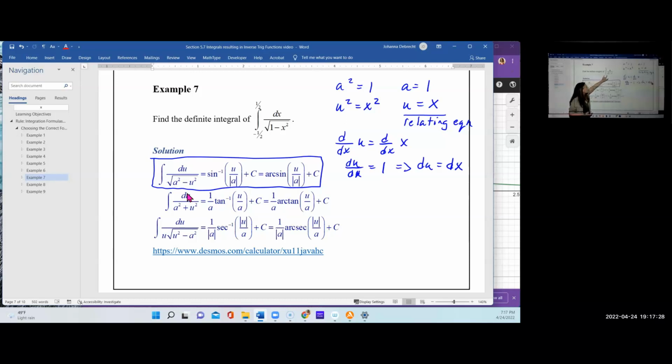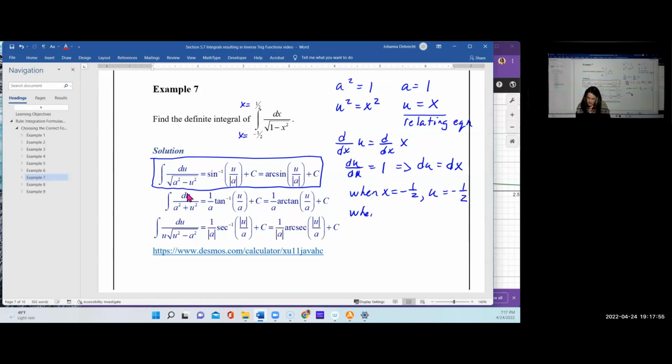It does not, however, replace the limits of integration. These are x values. This is x equal to -1/2 and x equal to 1/2. So I replace those by saying when x equals -1/2, u, which by the relating equation is x, stays the same and becomes -1/2.